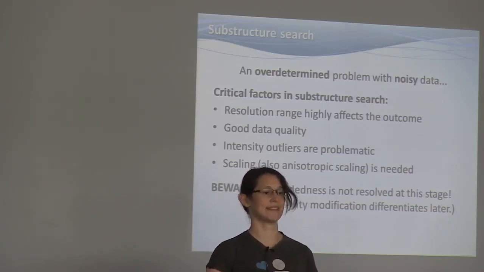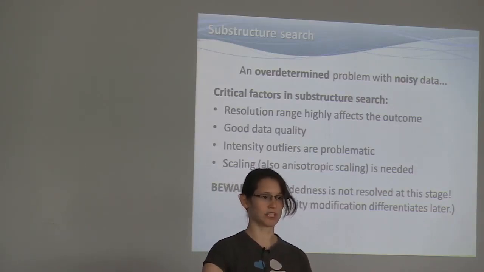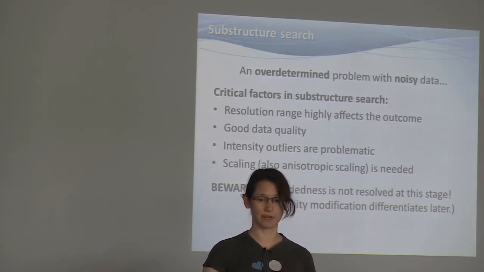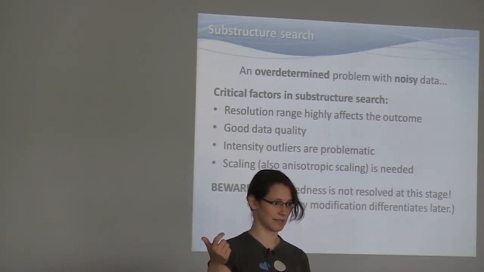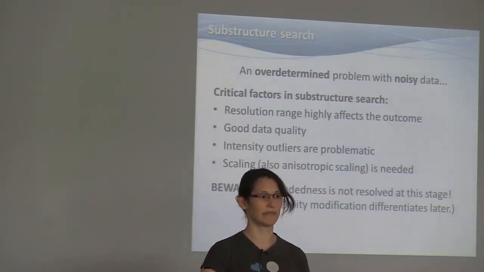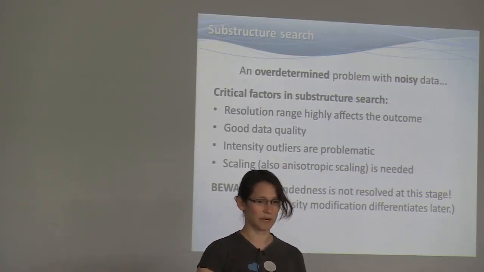They have X, Y, and Z. So we have 15 numbers we are searching for. And how much data do we have? Well, we have supposedly thousands of anomalous differences because every Friedel pair gives us an anomalous difference. And even once we have taken symmetry into account, we may still be left with hundreds, if not thousands, of differences. So we have a lot of data to find very few numbers.